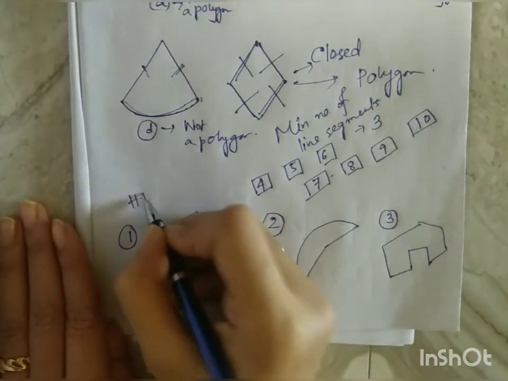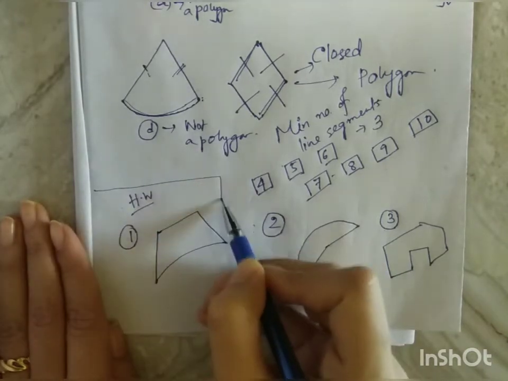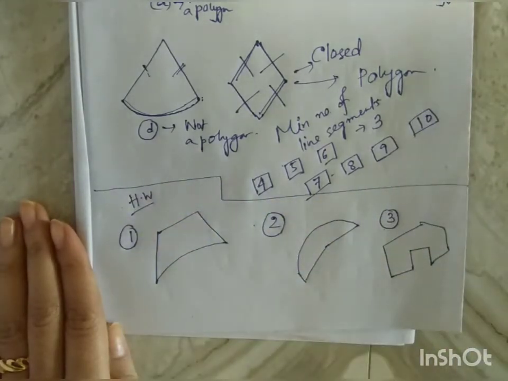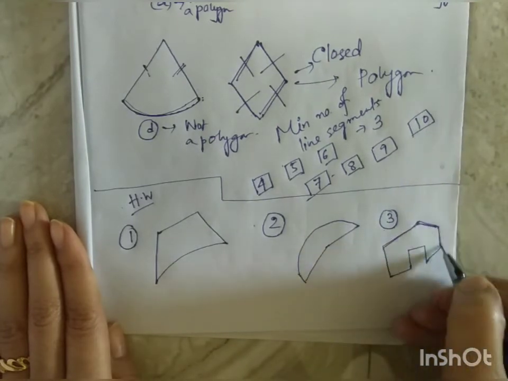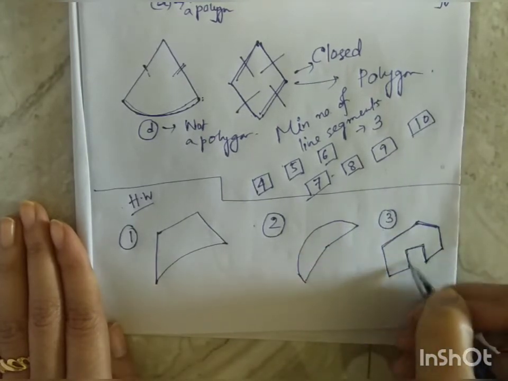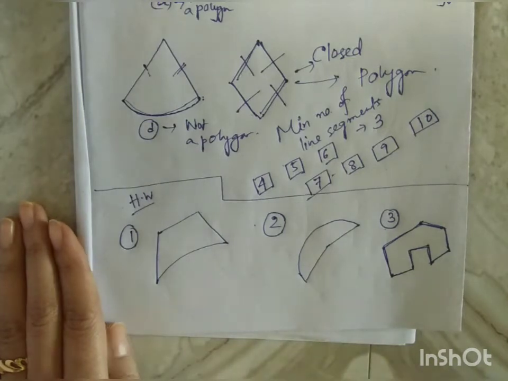These 3 will be your homework. You will draw these 3 figures and say whether they are polygons or not. Obviously this is also a line segment, so don't be confused over there. All of these are line segments.